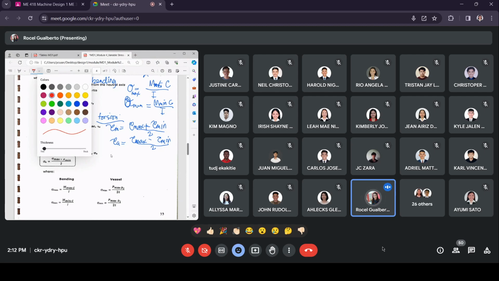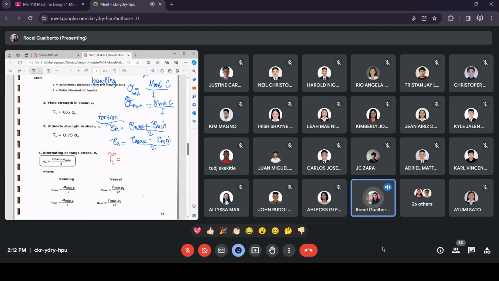For torsion, our equation is, say for example, it's solid, 16 T over pi d cube. So if I want here tau max, I'll be using here T max. And if I want tau minimum, then it would be equal to 16 T minimum divided by pi d cube.